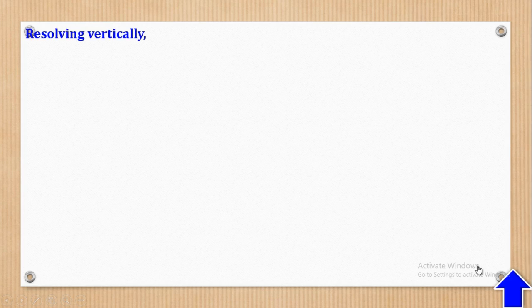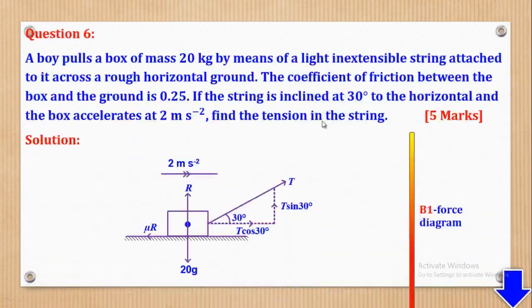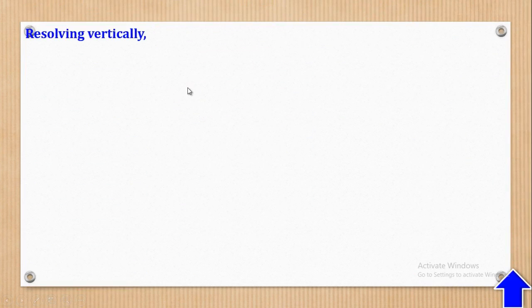So resolving vertically, if you look at this, vertically there are two forces. Upwards there is R and T sin 30, and downwards there is 20g. So R plus T sin 30 is equal to 20g, and g is 9.8.